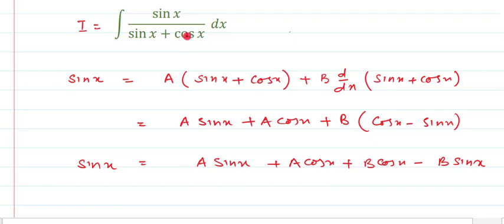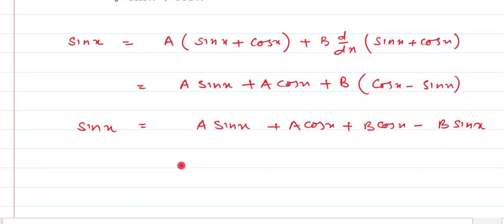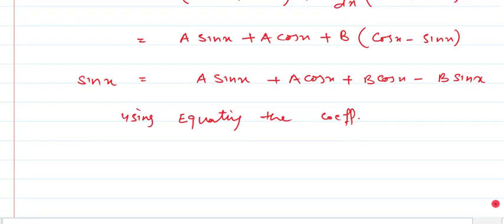After applying this first step, we need to calculate the values of A and B, and that, as I told you, can be done easily by using the method of equating the coefficients. Here the coefficient of sin x is 1.